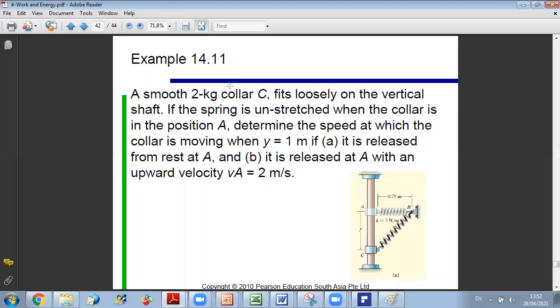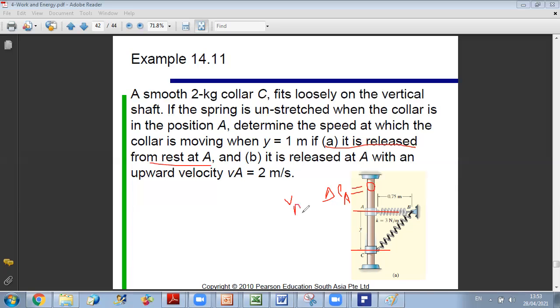So here we have the initial position at A, the final position is at C. We know that at the initial position it's unstretched, so delta L at A is equal to 0. And since it's released from rest, for the first part, VA is 0.